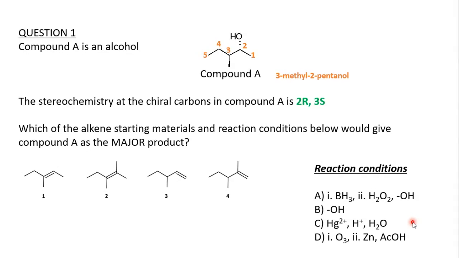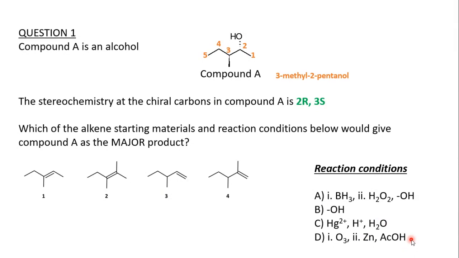So mercury and acid and water will convert an alkyne, something that has a carbon-carbon triple bond, to an enol and then a ketone. That would not be suitable for this reaction because we are not making a ketone and we don't have an alkyne as our starting material. So that is going to be eliminated.